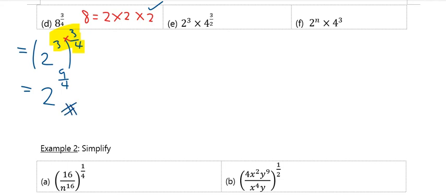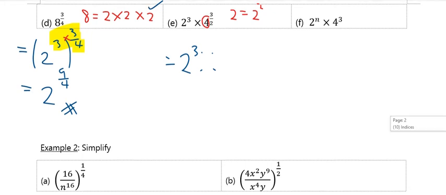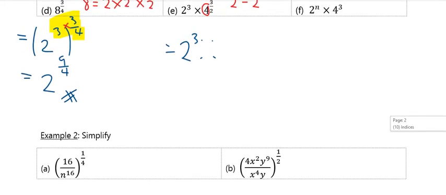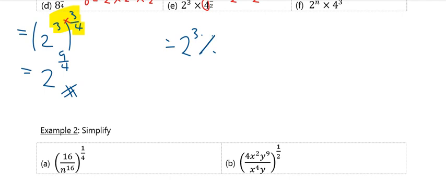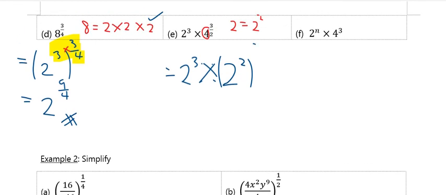This is quite similar to what you have seen. 4 you can change into index form, 2 power 2. Now let's proceed to answer this one. So 2 power 3 times 2 power 2, and don't forget the outside power is 3 out of 2.